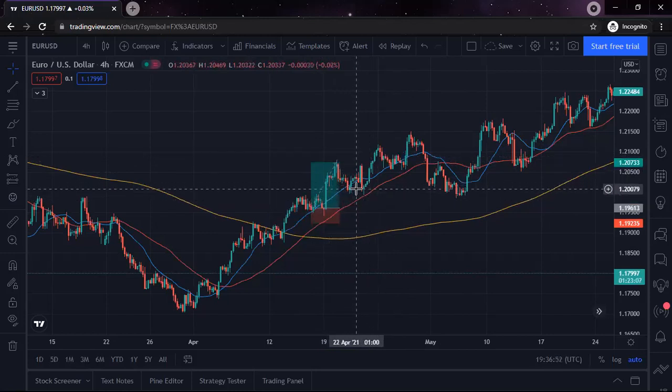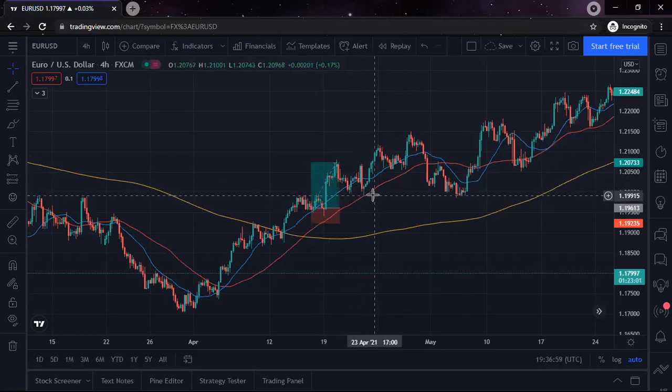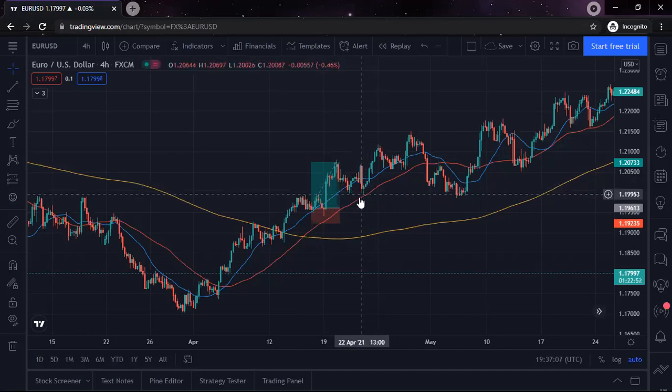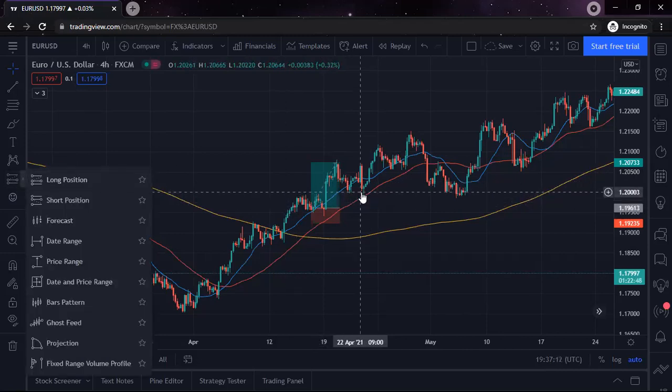See, we have a dynamic support right here, and then you enter from this side again. You can decide to enter from this side, or you wait for it to give you a nice support here on the 50 moving average, and then you enter again.